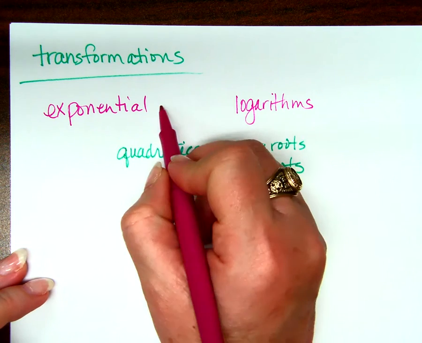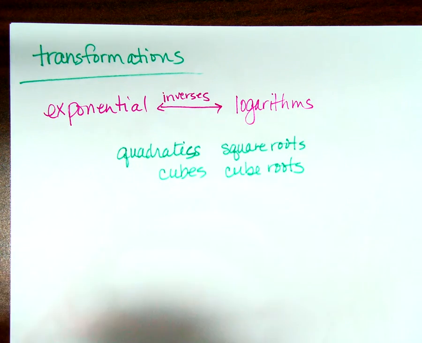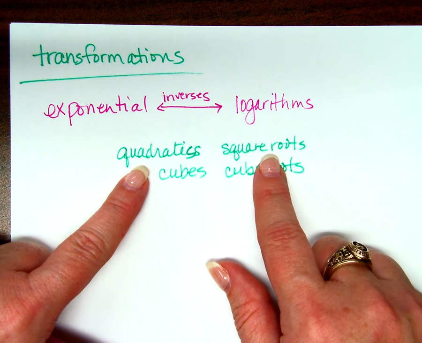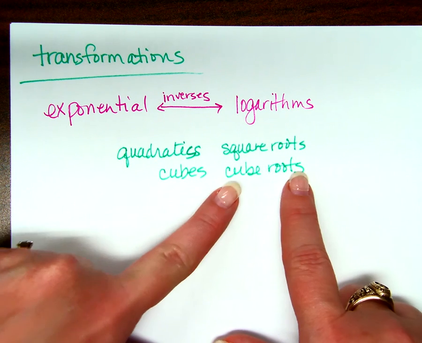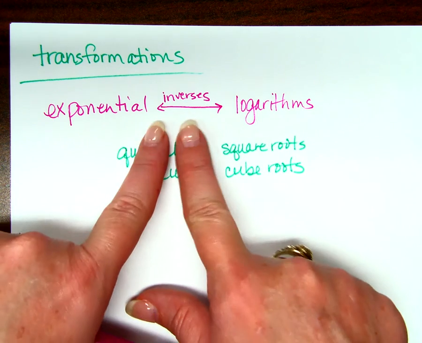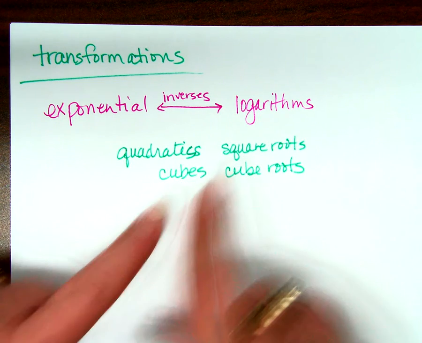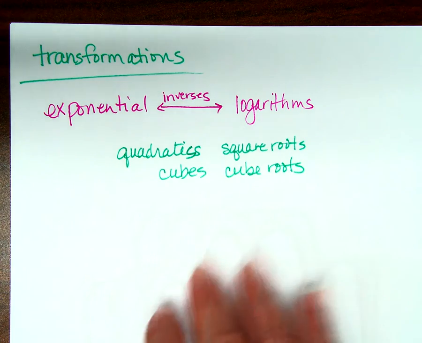These 2 are inverses of each other. So you remember we did quadratics first and then we did square roots, and you guys were like, oh, this is easy because we already know it because of quadratics. And then we did cubes, and then we did cube roots after that, and you were like, oh, these are easy because we already knew all the stuff from cubes. So that's going to happen here. Now, they're all inverse operations, but it's easy to figure it out because of the fact that you already know the operation, so finding the inverse of the operation is cinchy. Okay? So that's where we're going.